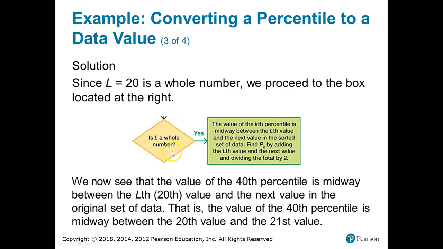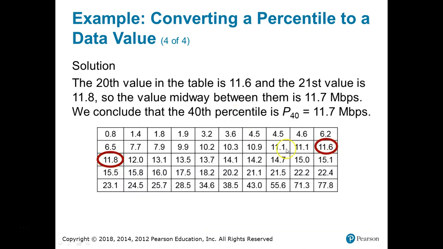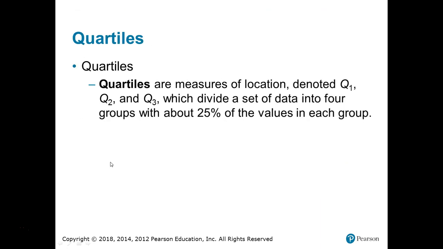Again, because L is a whole number, we are looking at this case right here. We are saying that it is midway between this value and the next one. So we're looking at the 20th value and the 21st value. So we are looking midway between those two, 11.6 and 11.8. Midway between them would be 11.7.